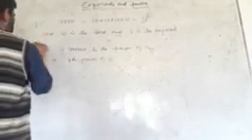This form is called the exponential form of this 10,000. It is the exponential form of it, and the expanded form is 10 into 10 into 10 into 10.